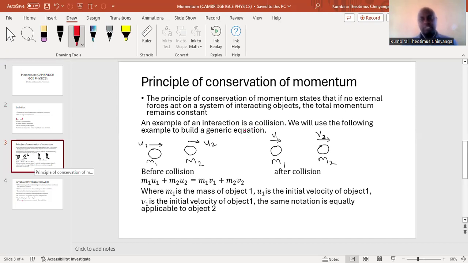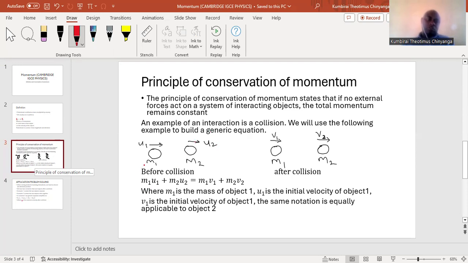There are other types of interactions that we'll see in lessons that will follow, and the equation that we are going to build will be modified accordingly. But a collision helps us to model a generic equation for the principle of conservation of momentum.